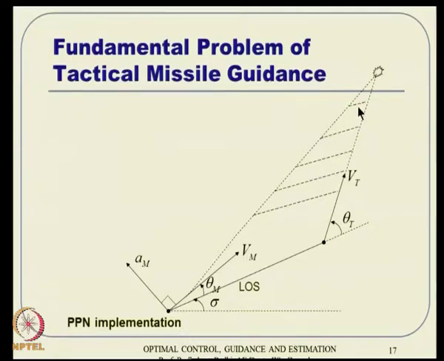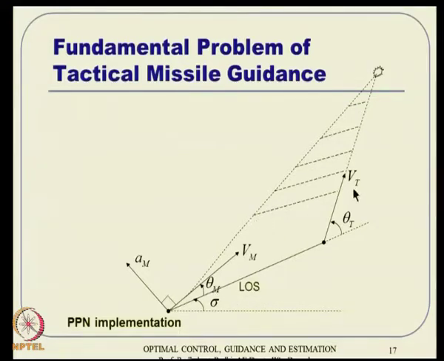That is the concept that was used in SIP guidance before, and that is where the terminology is borrowed, like proportional navigation, even though this is a guidance concept, nothing to do with navigation really. Anyway, so these are the two variations.